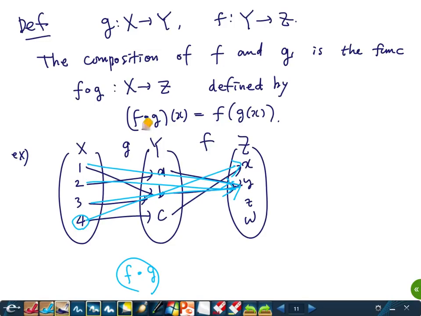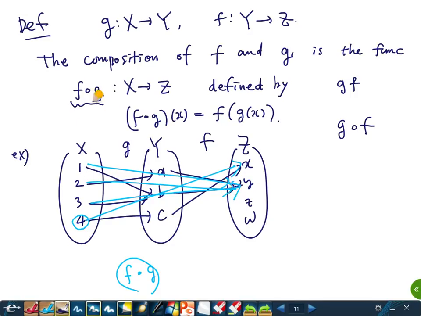Here you have to be careful how we write this; the order is important. We write f compose g, but you may think we consider g first and then f, so it may look more natural to write g compose f instead of f compose g, because what we really do is follow g and then f.